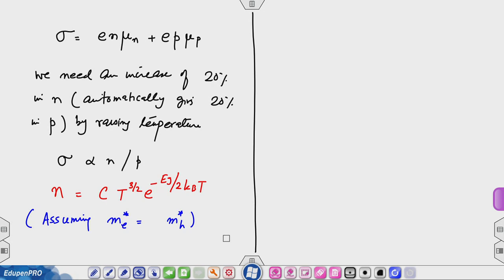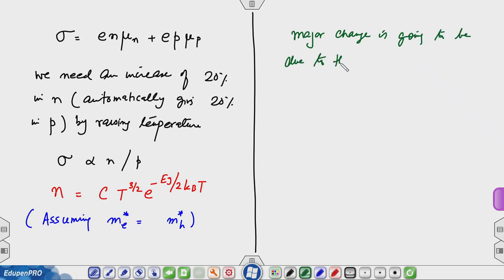Exponential varies much faster than any power of T, and therefore, I am going to estimate using only the exponential part. So, the major change is going to be due to the exponential factor.